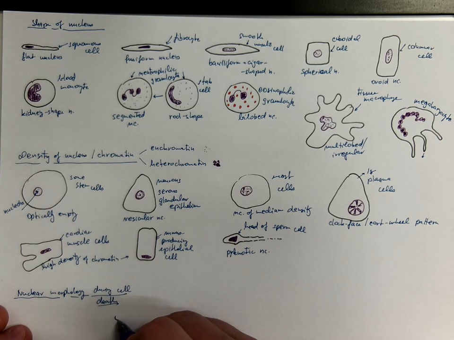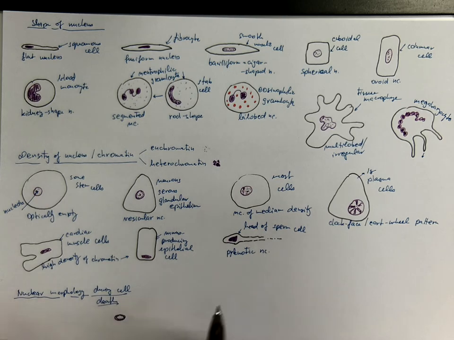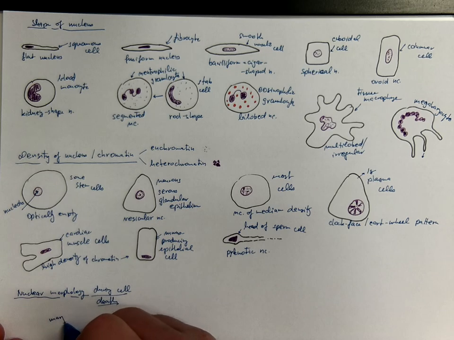First, sometimes the nuclear content, the chromatin, starts to condense below the nuclear membrane. This is called marginalization.